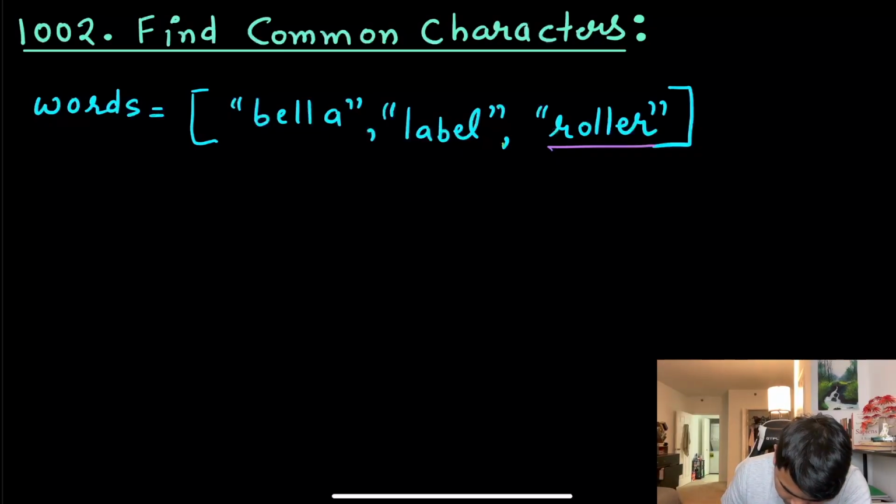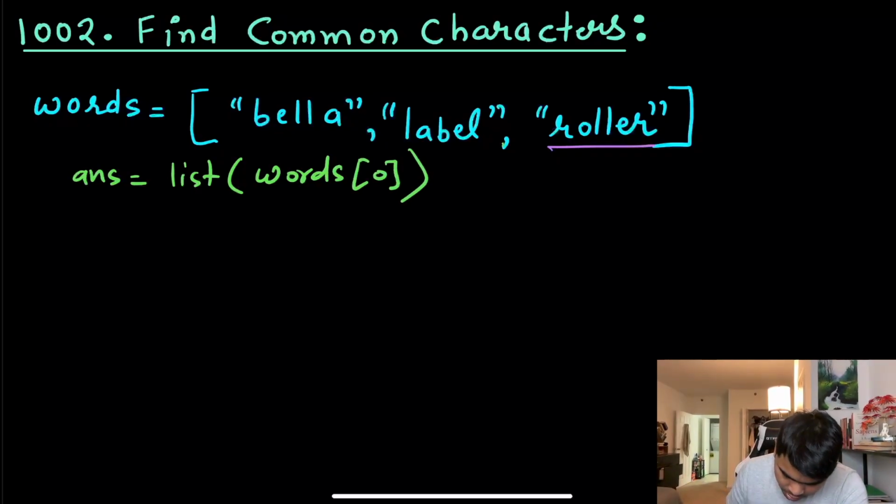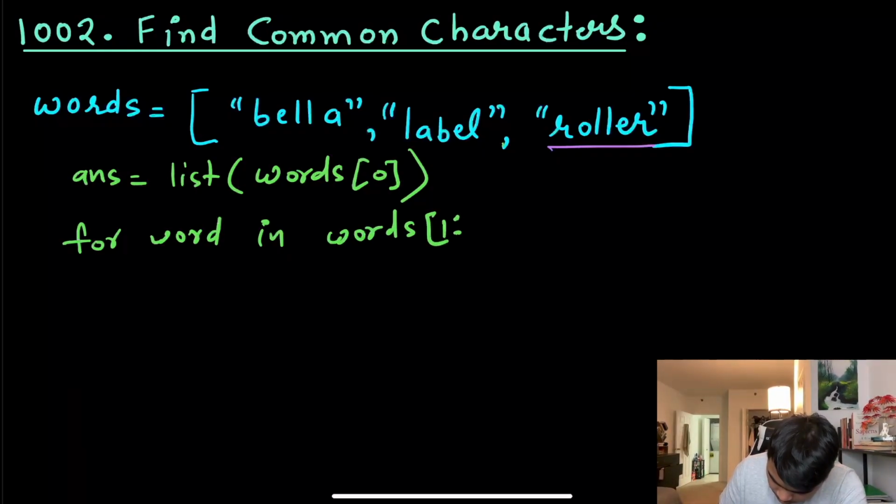So I'll create my answer. Answer would be a list. What does this list contain? The first word, the 0th. Now I will go over all the words in words, going from 1 to the end.